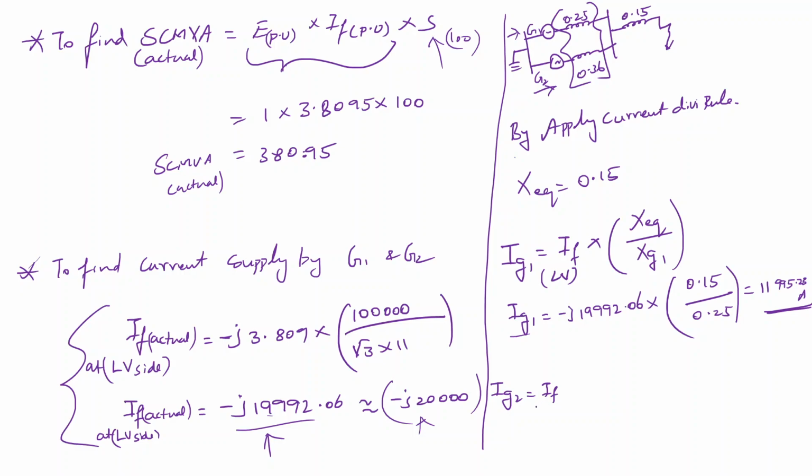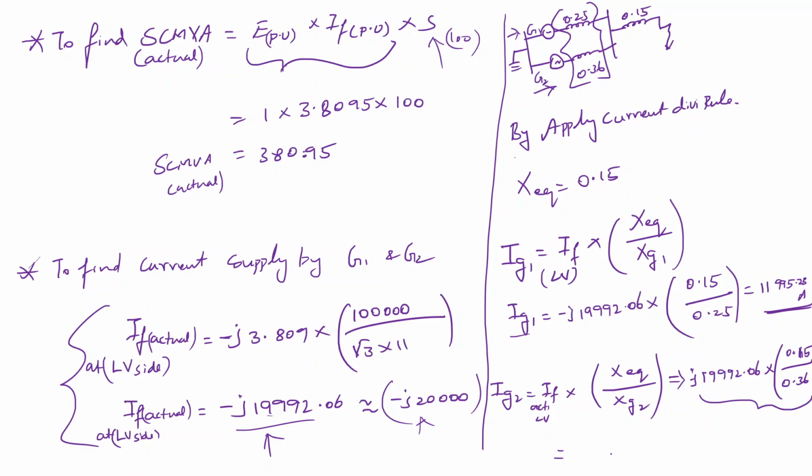Then for Ig2, respectively, IF actual at low voltage side into X equivalent divided by Xg2. So this will be minus J 19992.06 into 0.15 whole divided by 0.36. What is the value for this? Just calculate and tell me.